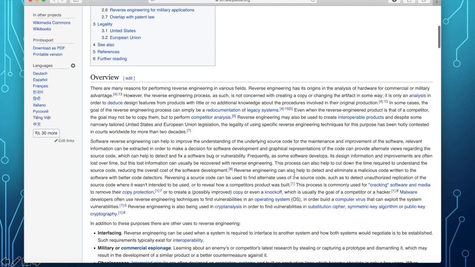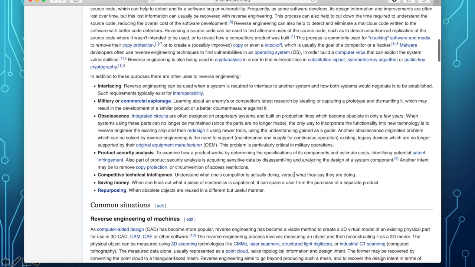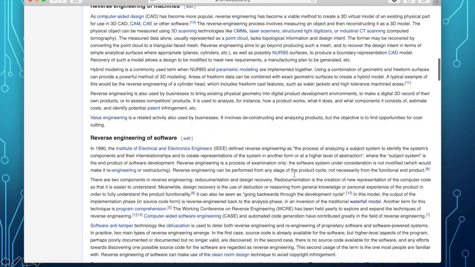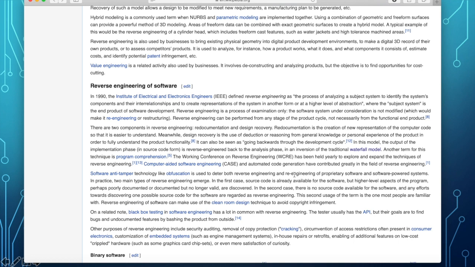Okay, so let's look at the reverse engineering of software. The IEEE defines reverse engineering as the process of analyzing a subject system to identify the system's components and interrelationships to create representation of the system in another form or at a higher level of abstraction.